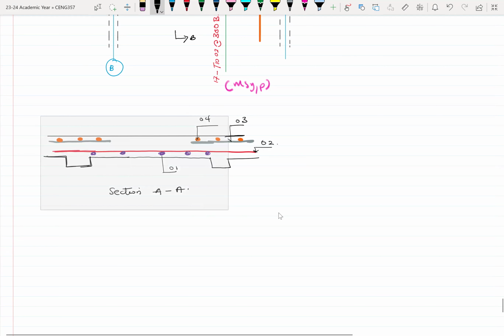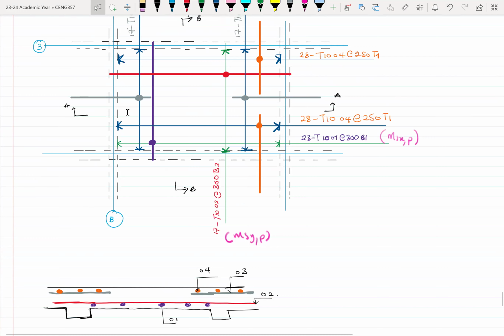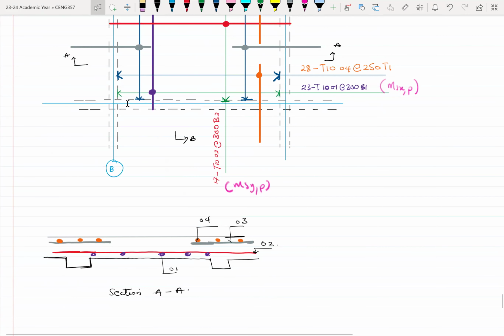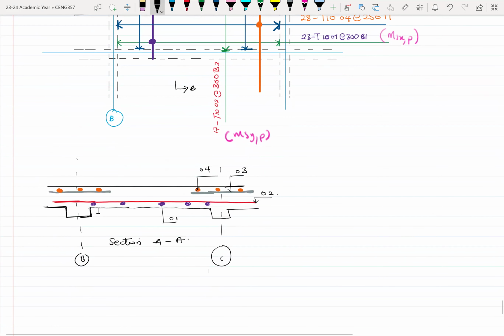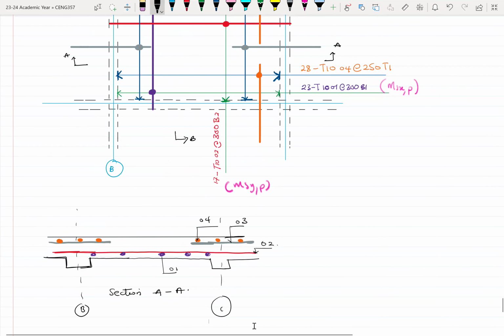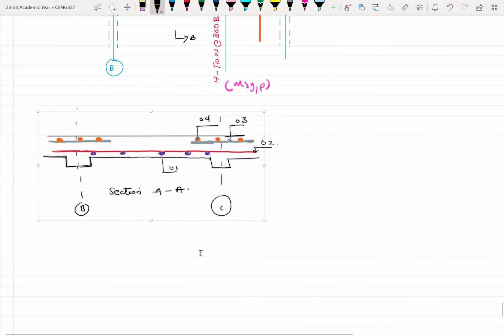All right. With section AA, this is green line B, this is green line C. Then I can take this whole thing. Let me see if I can. Okay, I think I can.